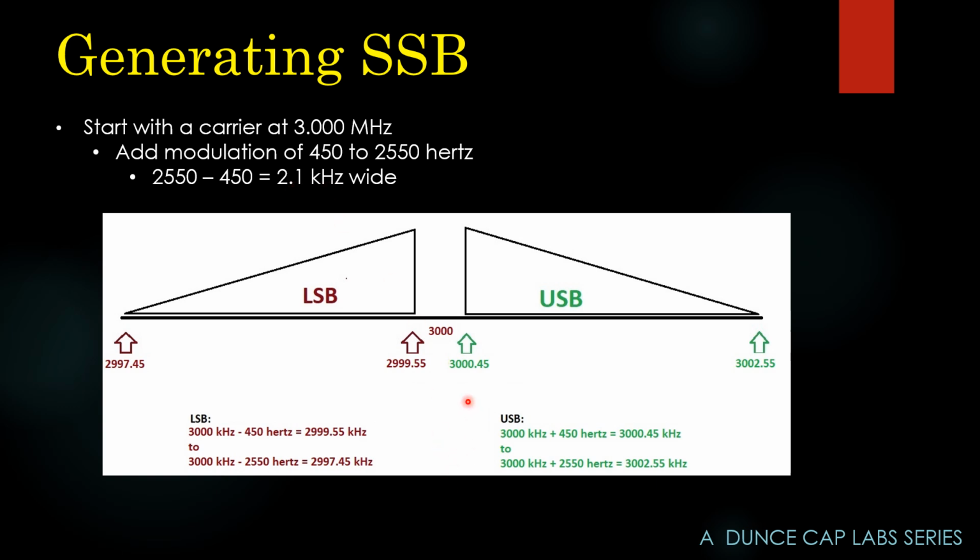So what that means is I have the carrier plus 450 and the carrier plus everything up to 2,550 hertz. All of this is audio in here. All of this is human voice. But I also have the mirror image. I have the carrier minus 450 hertz all the way to carrier minus 2,550 hertz. I've now created my double sideband signal with no carrier.